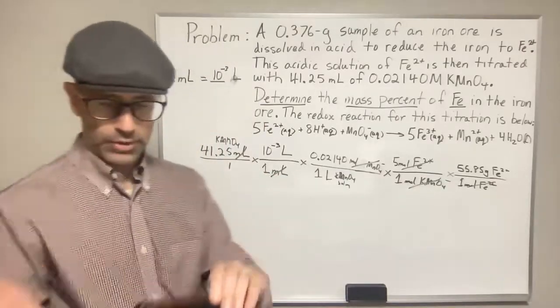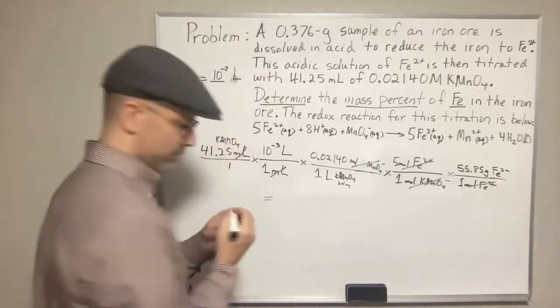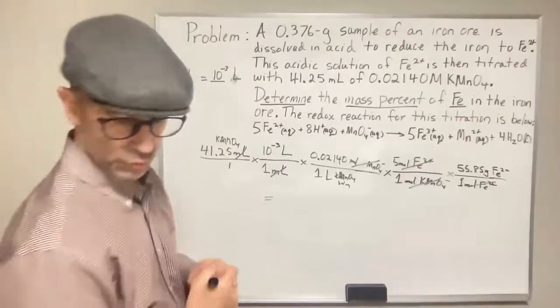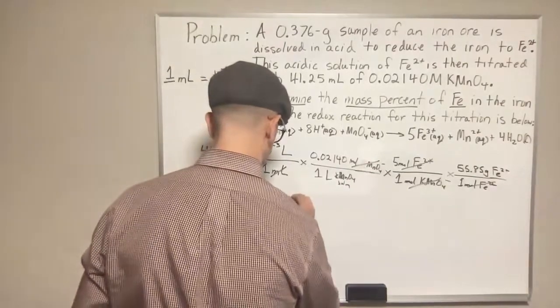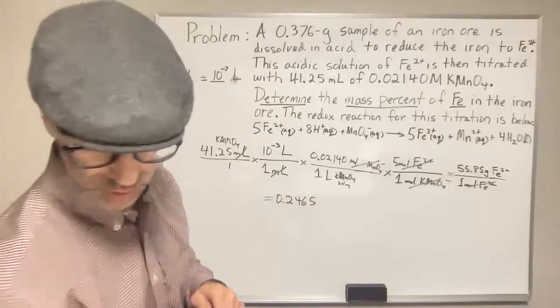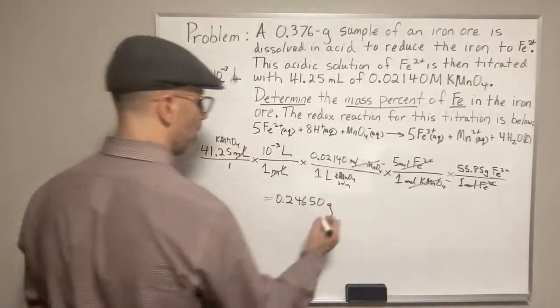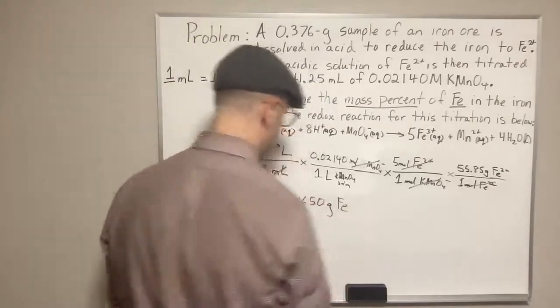And so that gives us how many grams? It's going to be 0.2465. Let me add another digit, 0. Okay, grams of Fe iron.